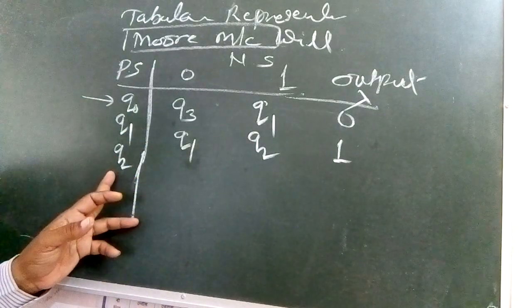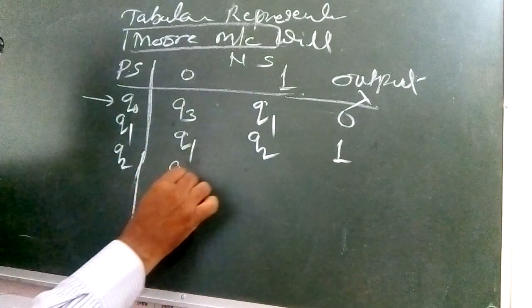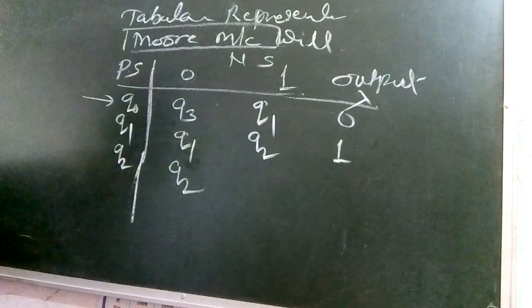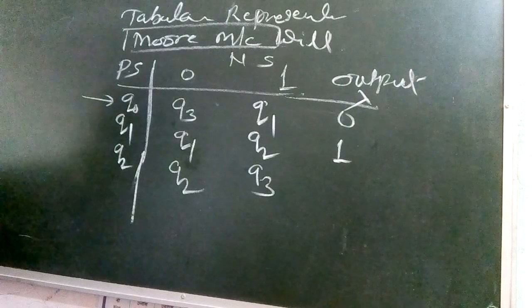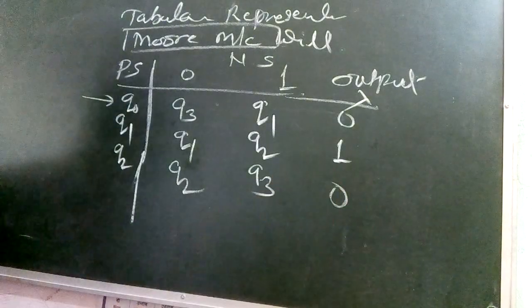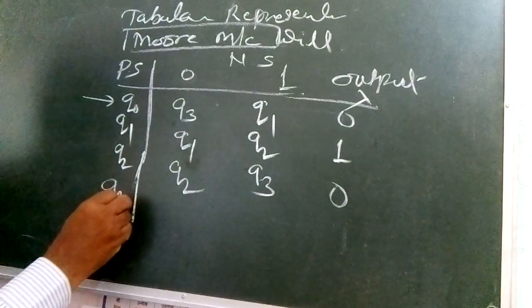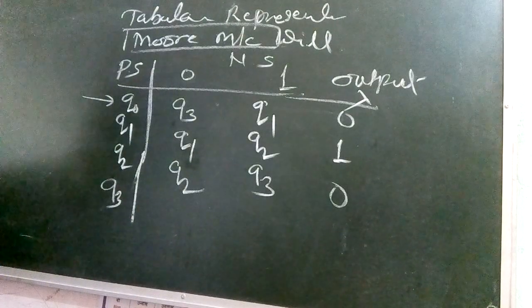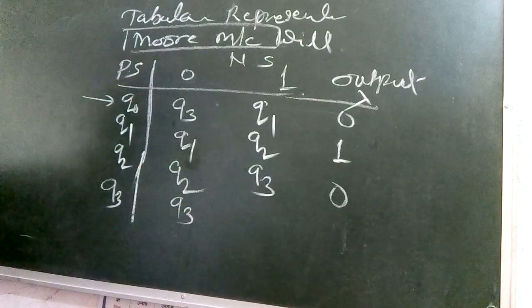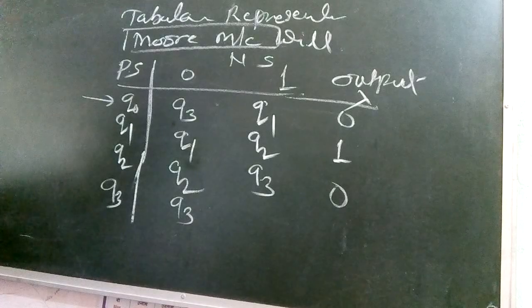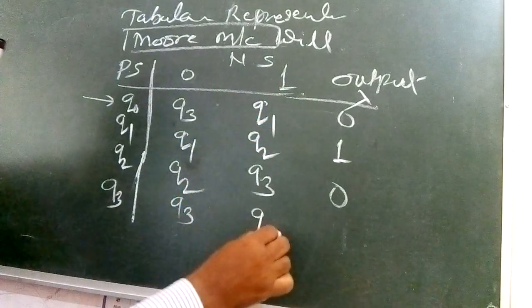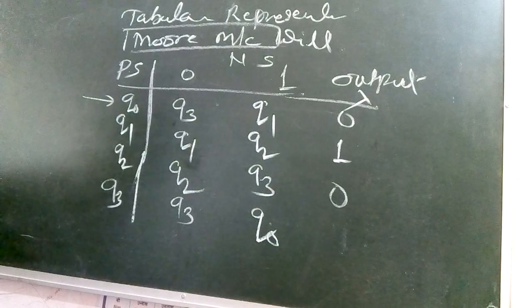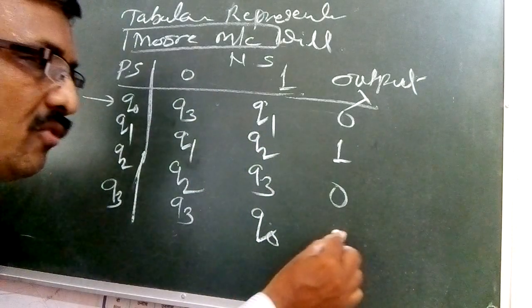For state q2, the machine's next state is q2 for input 0 and q3 for input 1, and output is 0. And for state q3, the machine's next state is q3 for input 0 and q0 for input 1, and machine's output is 0.